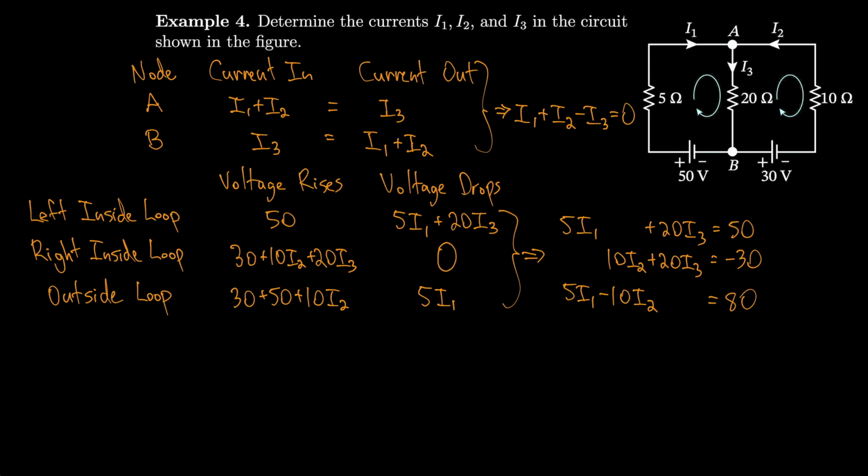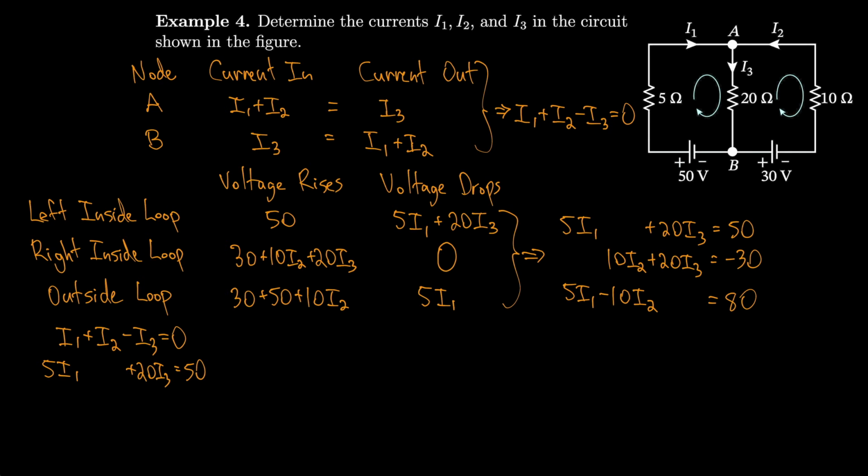Okay, so let's see if we can solve this. We've got I1 plus I2 minus I3 equals 0. From over here, we've got 5I1 plus 20I3 equals 50.